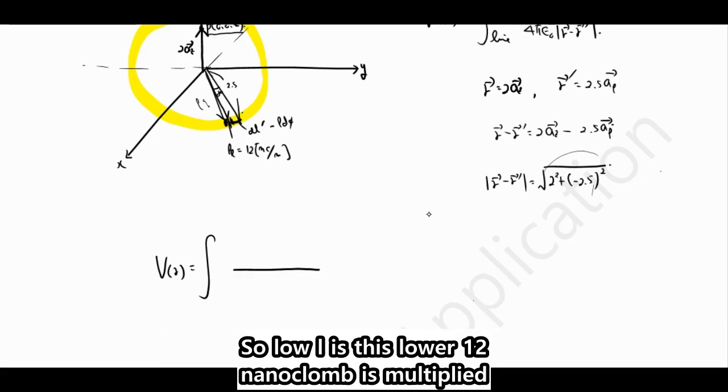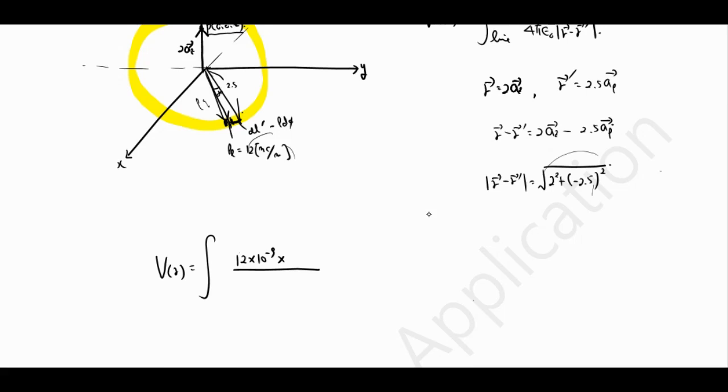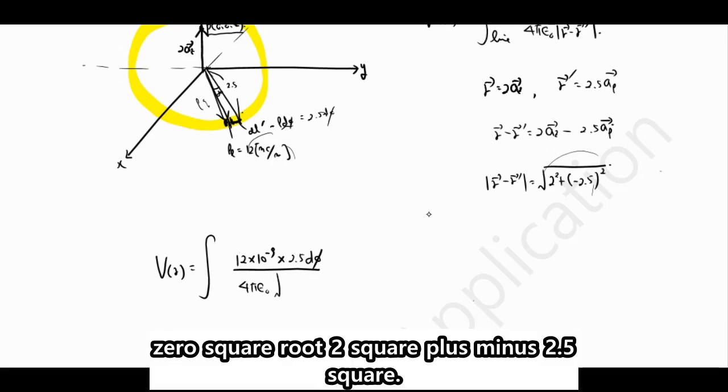So rho L is 12 nanocoulomb, multiply 10 to the power of minus 9, and dl is rho d phi, 2.5 d phi, and the denominator is 4 pi epsilon 0 square root of 2 squared plus 2.5 squared.